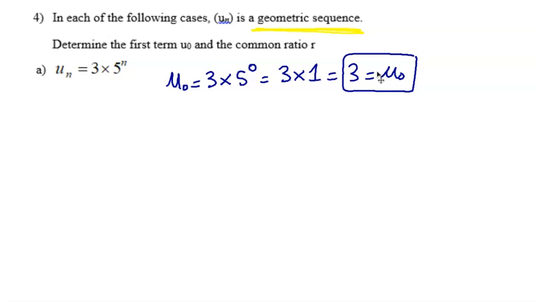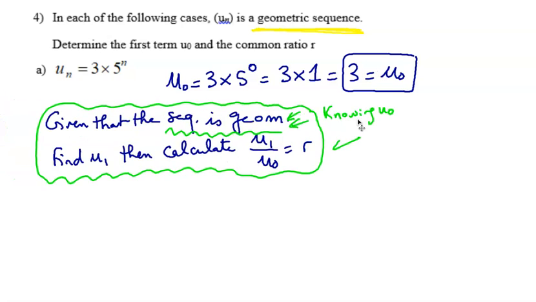Now to know the common ratio, I need at least two consecutive terms of this sequence, knowing that it is geometric, and I have to calculate the quotient between these two consecutive terms.